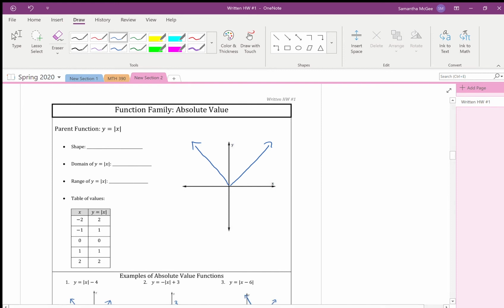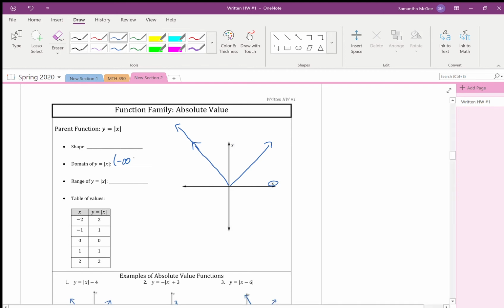If we want to find our domain, that's our x values, our inputs, that horizontal axis. Again, the graph goes on forever, so we can plug in negative 100, negative 1,000,000, negative 3 trillion. Our smallest value, so to speak, is negative infinity.